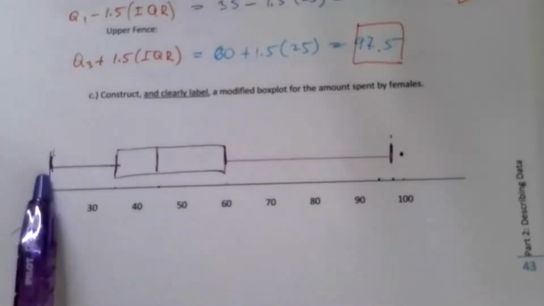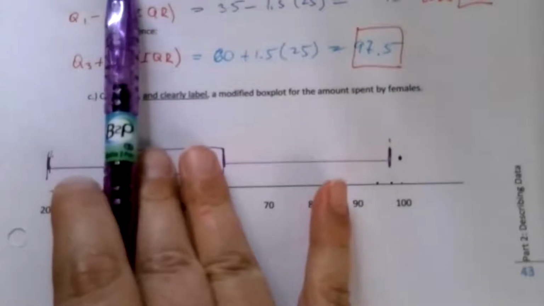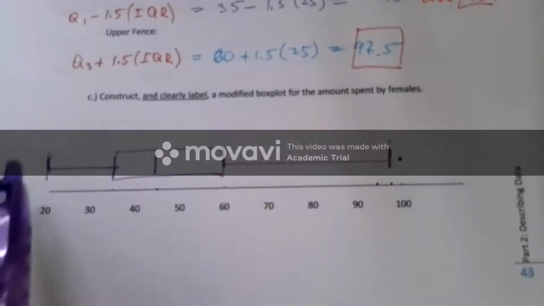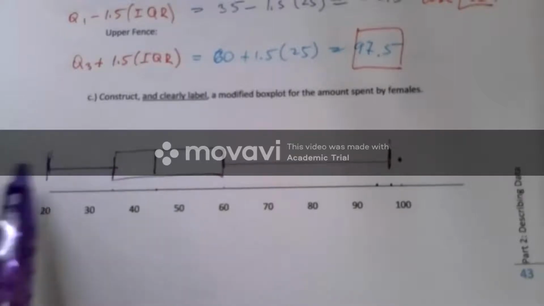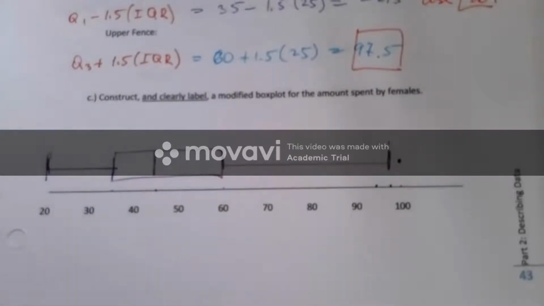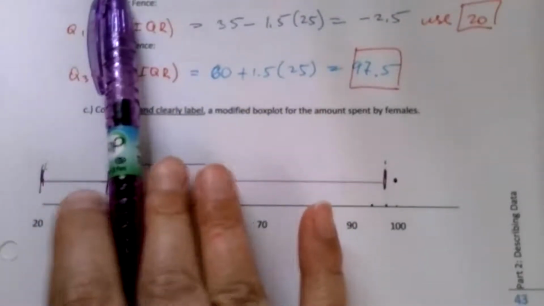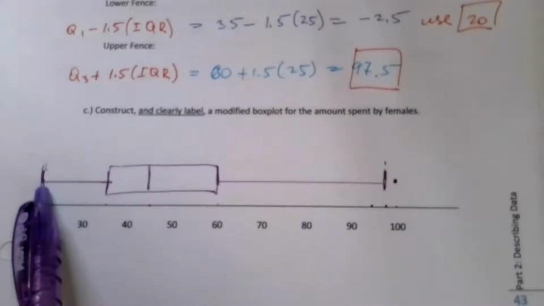On this one, our whisker went to the minimum value because our minimum value was not outside the fence. So we used it for our whisker.